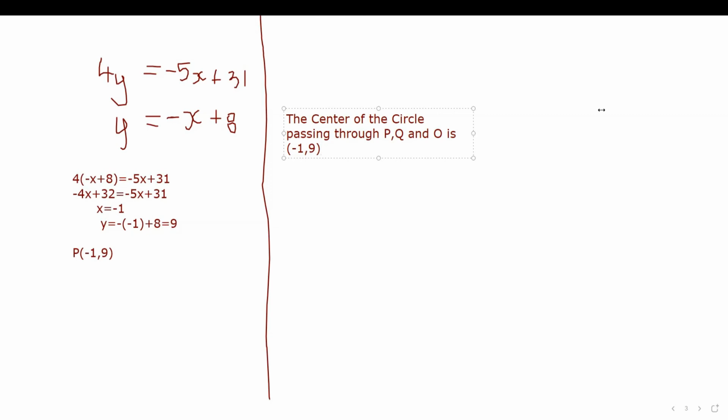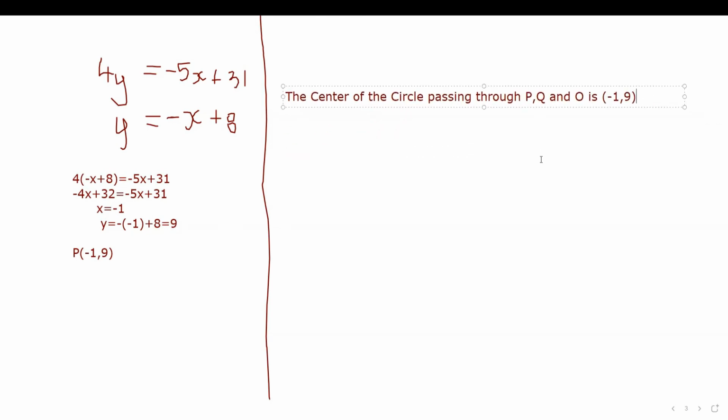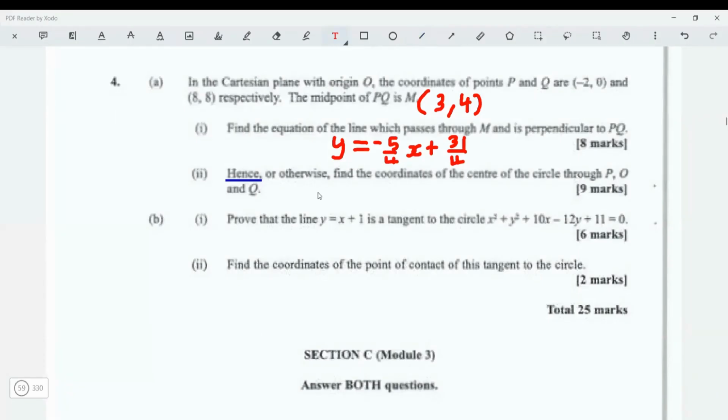That's the answer. Nice. We can write it down right here: center of the circle, (-1, 9).